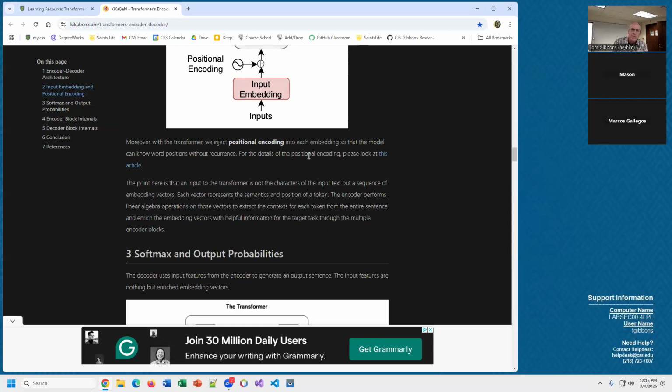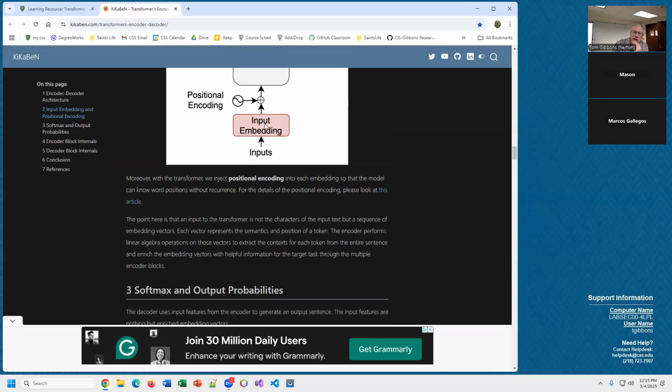And that will allow us to get rid of our recursive connection. So rather than having the network remember the word and its state and then send the next word, we're going to send it each word and the position of that word in the sentence in some sort of positional encoding.